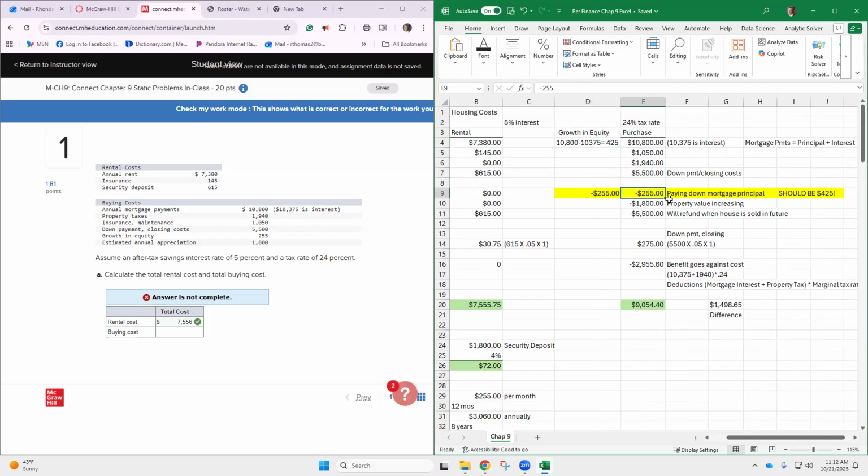They've put in 255 and that's incorrect. But we're going to make it correct to make it agree with it. Okay. My value of the property is going up $1,800. And then if you were to sell that piece of property, you would get back your deposit of $5,500 or the down payment of $5,500.